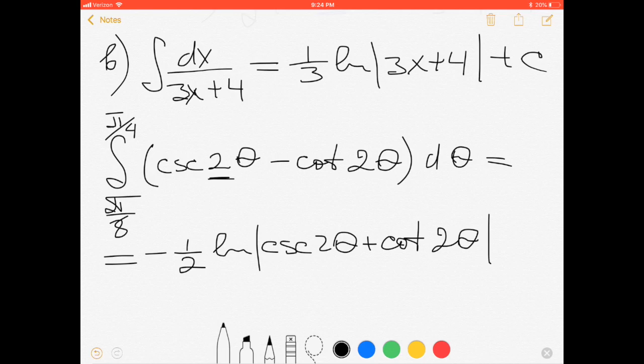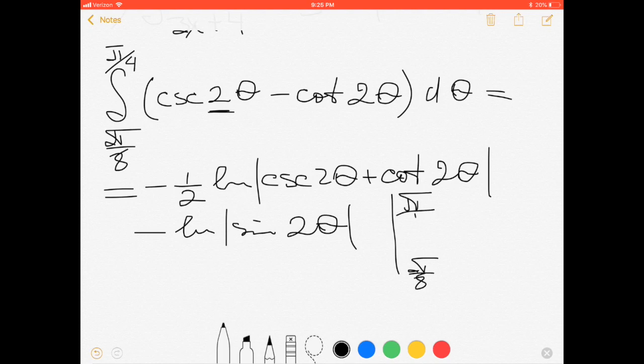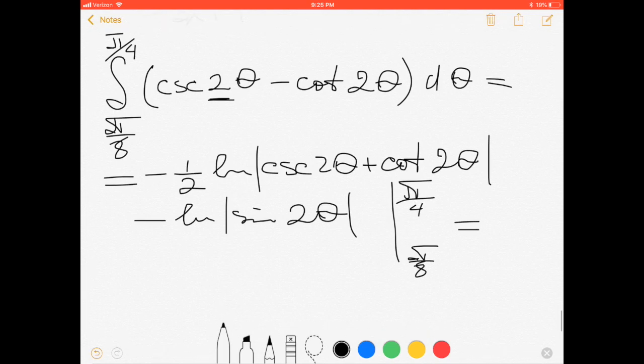Because of minus cotangent, you have minus natural log of absolute value of sine 2 theta.